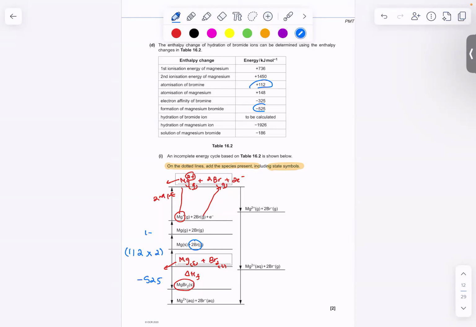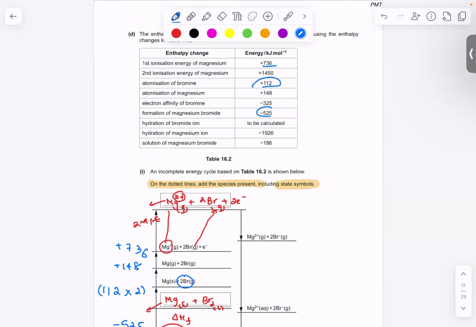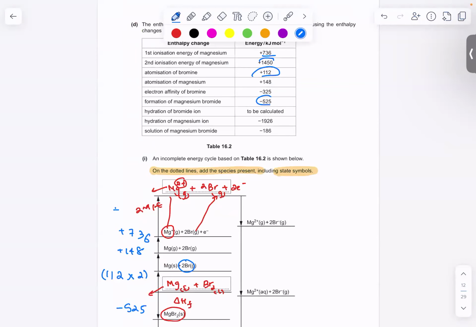148 plus the other one is 736, and then this one is 1450. This would be minus 325 times 2.